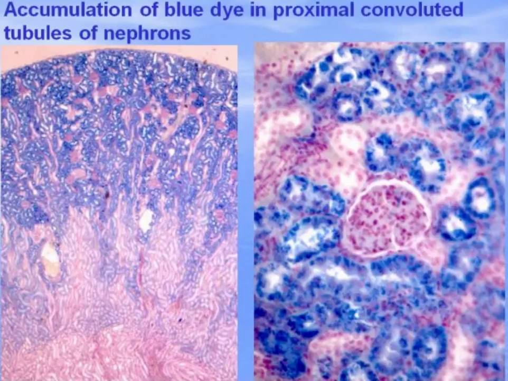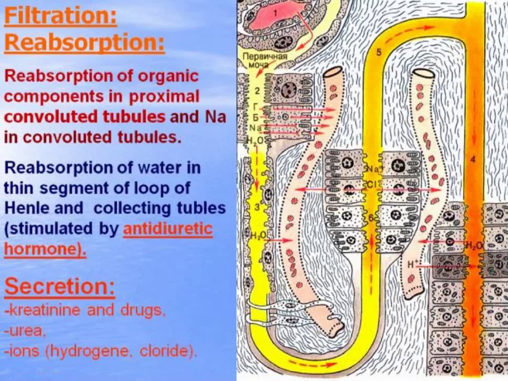You see the distal convoluted tubules nearby without blue dye. It demonstrates they are not able to reabsorb this dye. So this slide demonstrates three processes of urine production in the kidney.